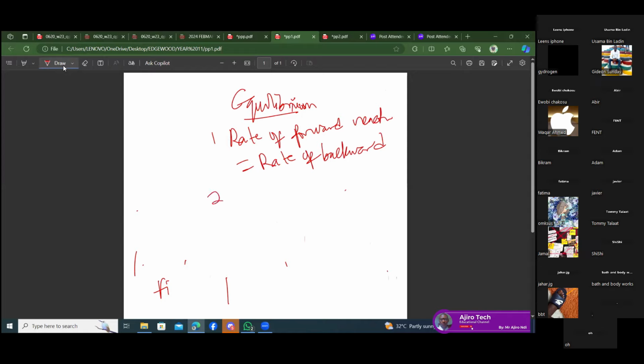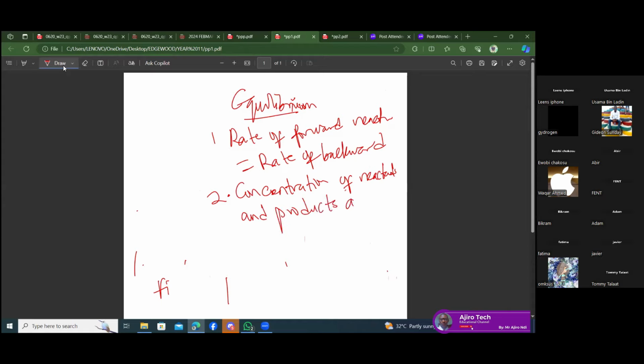And then number two, the concentrations of reactants and products are constant. Now you need to be careful here. When we say concentrations of reactants and products are constant, it doesn't mean they are the same. It simply means the concentrations of reactants and products are no longer changing.